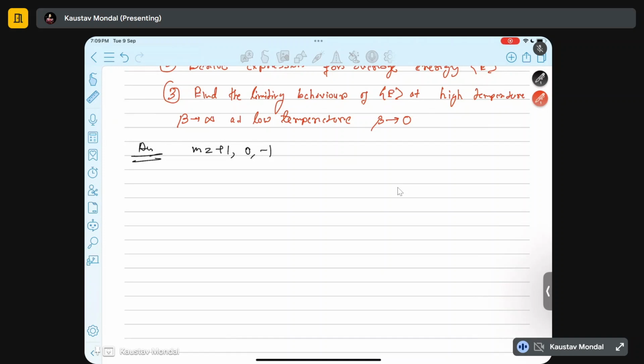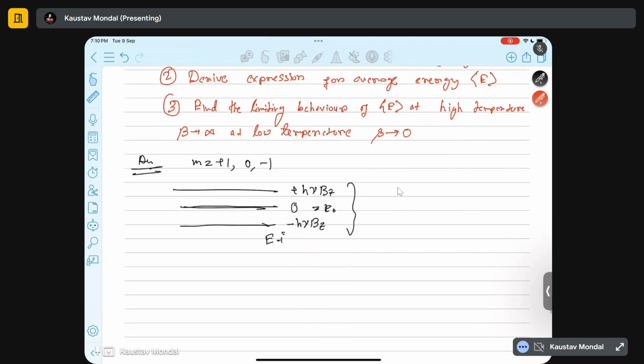So the energy levels are these three. E minus 1 would be minus H nu Bz, E0 would be 0 and E plus 1 would be plus H nu Bz. So these three are the possible energy states. Okay. This is E0, and this is E minus 1. Sorry, this is E minus 1, this is E plus 1. These are the three energy states.